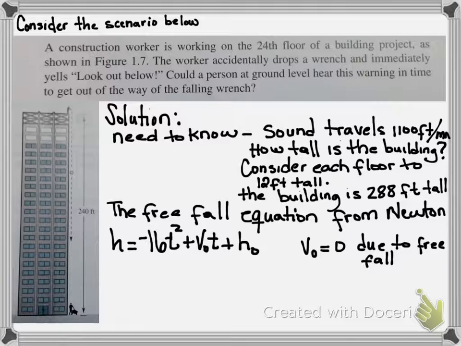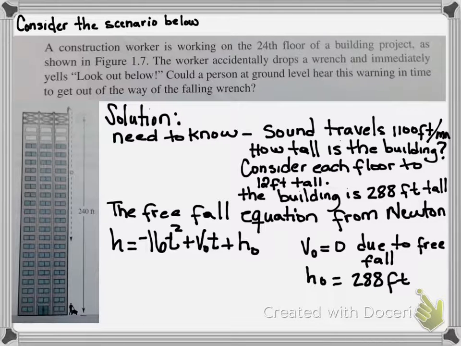As a result, the initial height of this object at the top of the building is 288. Remember, the building has 24 floors. Each floor is 12 feet tall, unlike the picture here that says it's 240. I believe with the picture, they consider the height of each floor to be 10. But we did 12.